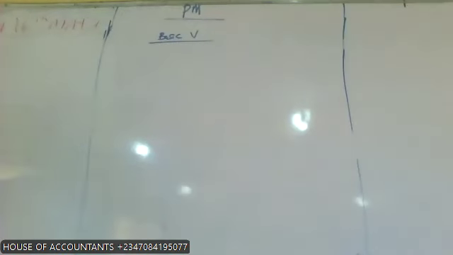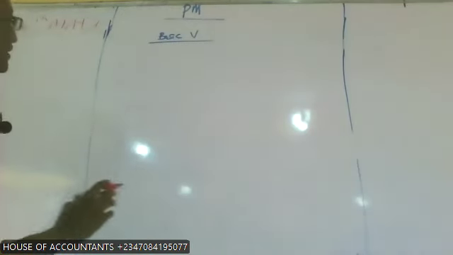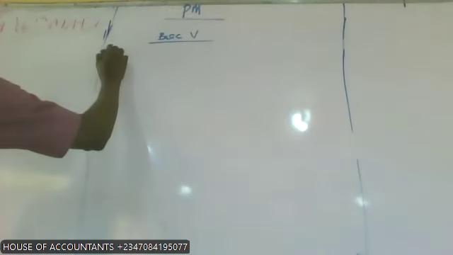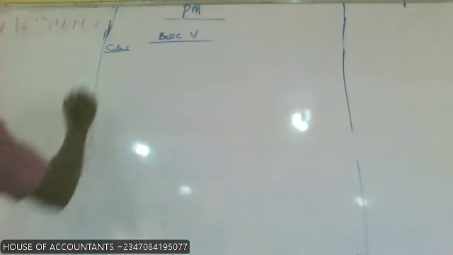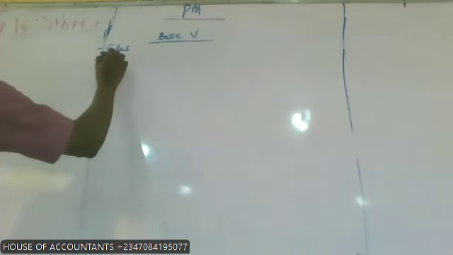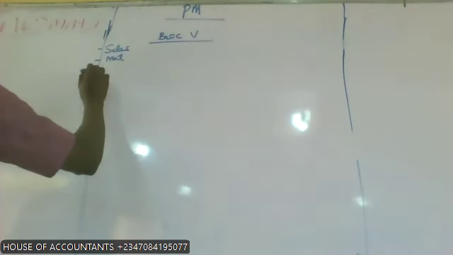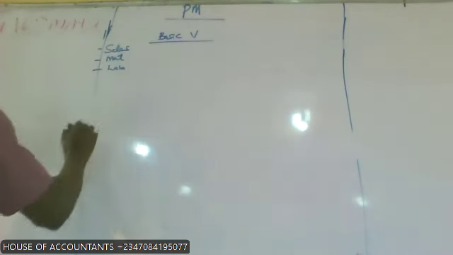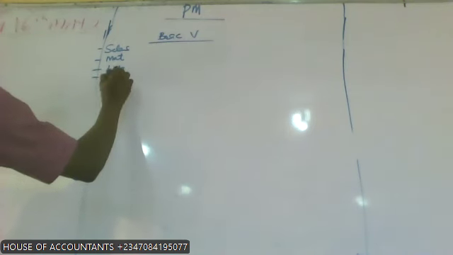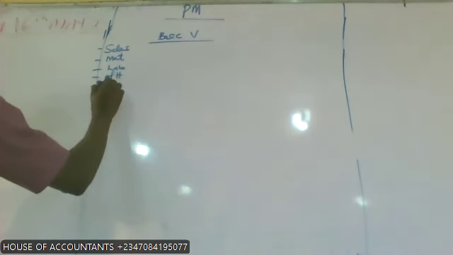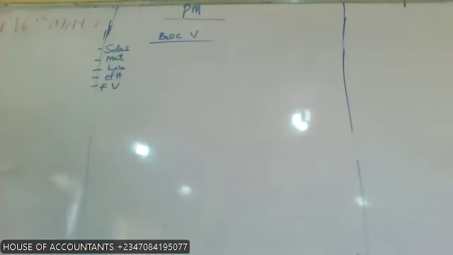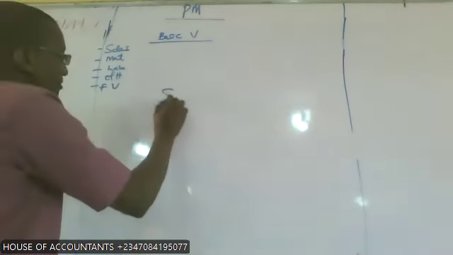Under basic variance, you are expected to get sales variance, material variance, labor variance, overhead variance, and fixed variance, fixed cost or whatever. These are the 5 variances you can see under basic variance. Do you understand?